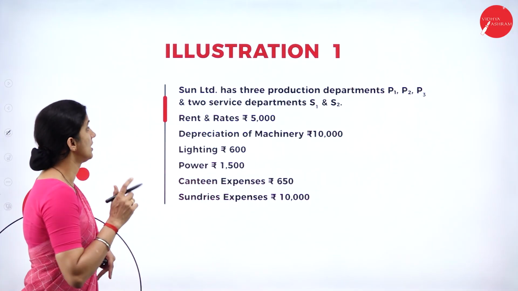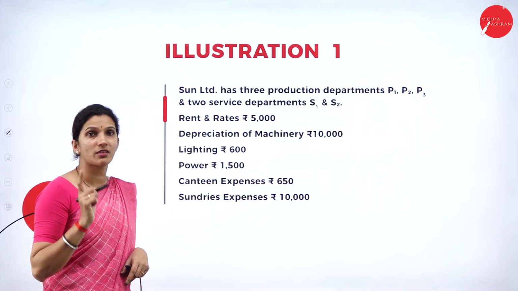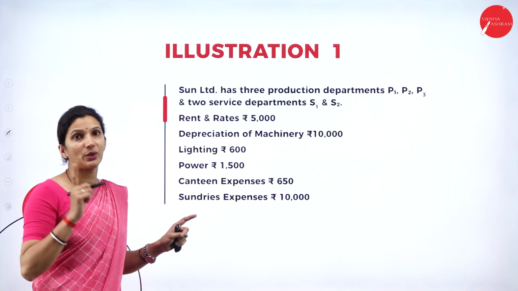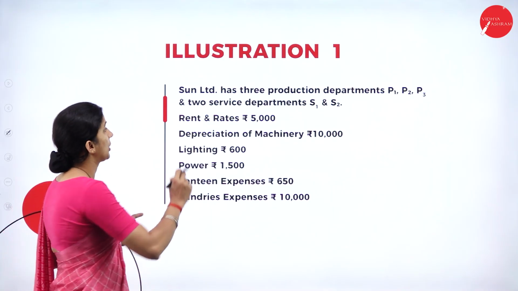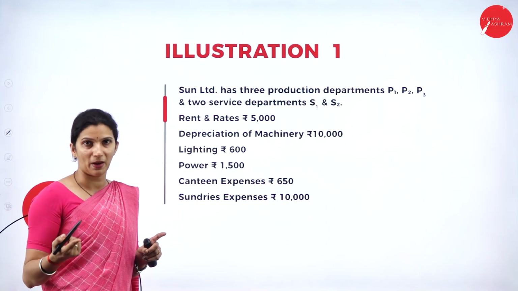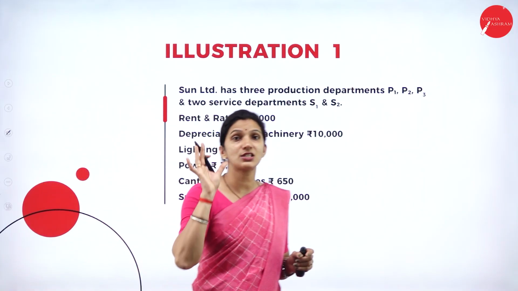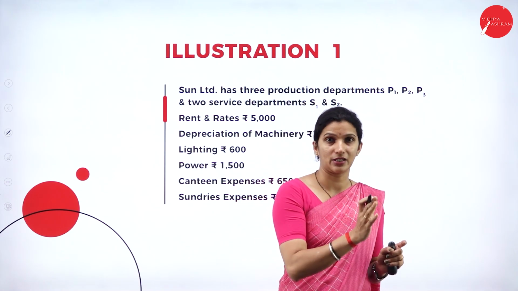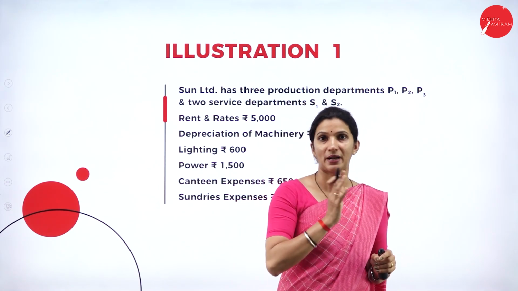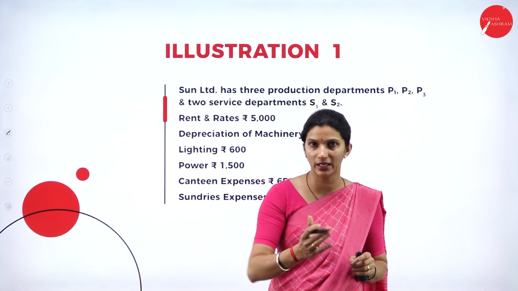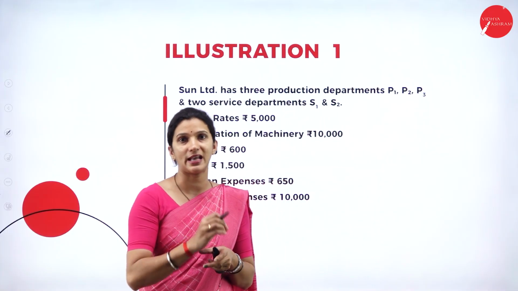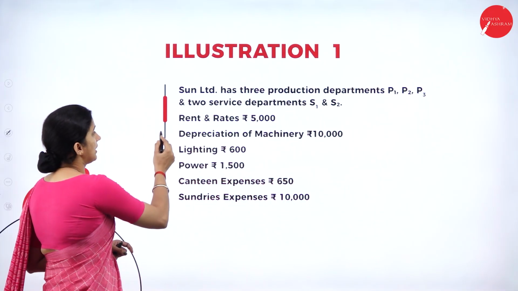See the question. Sun Limited has 3 production departments, P1, P2, P3, and 2 service departments, S1 and S2. So Sun Limited has 5 departments in all.